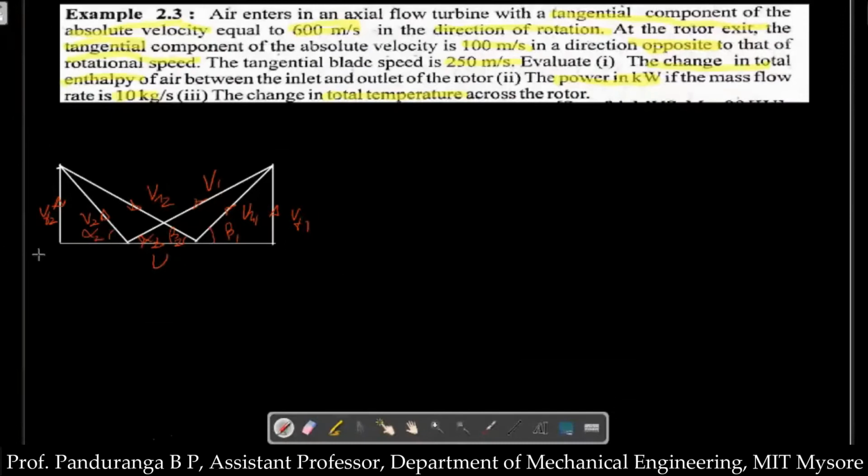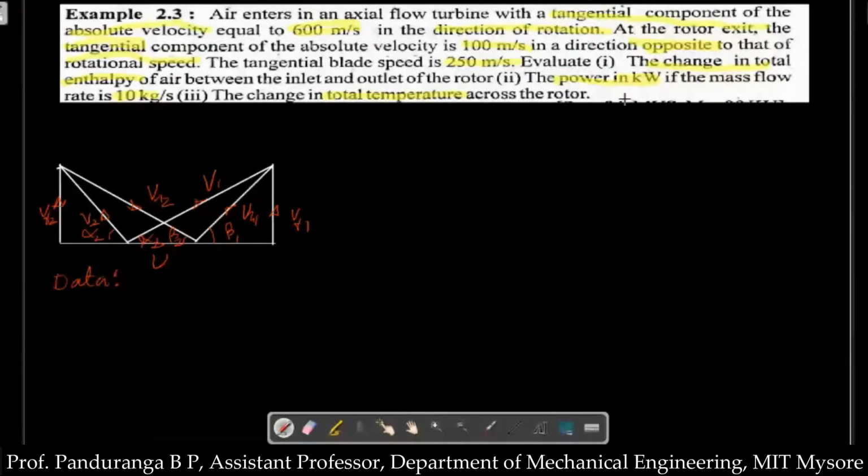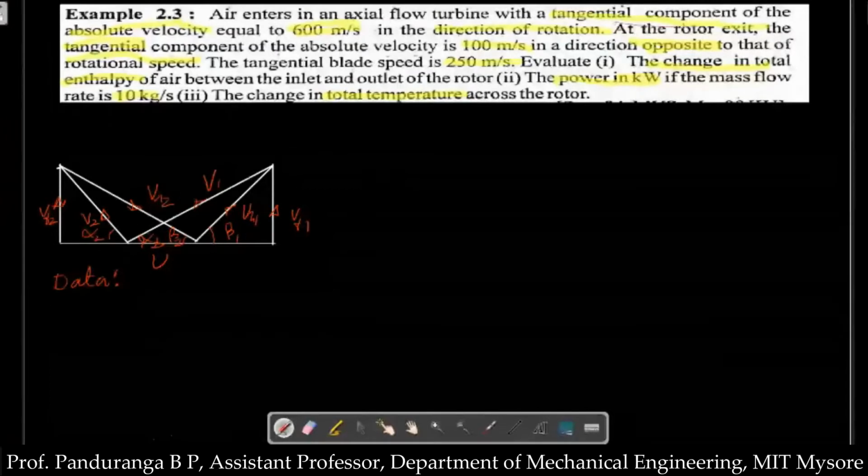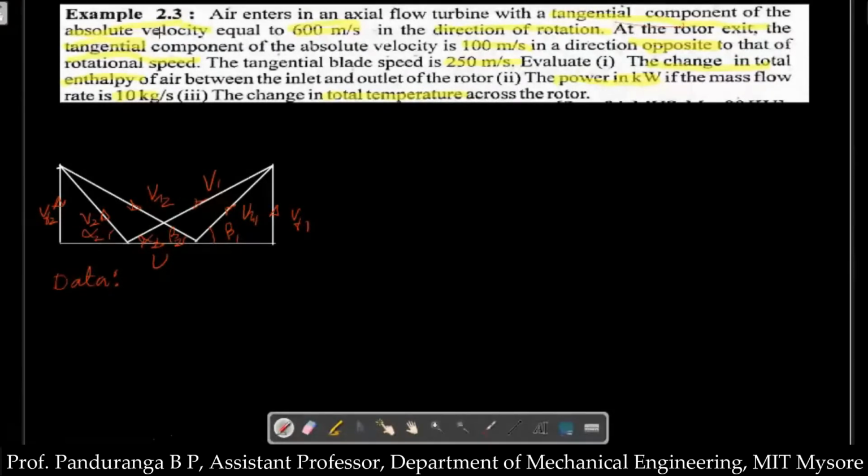Now let us list out the data. The data given in this problem are, first, the tangential component of absolute velocity at the inlet, VU1, which is equal to 600 meter per second, in the direction of rotation.